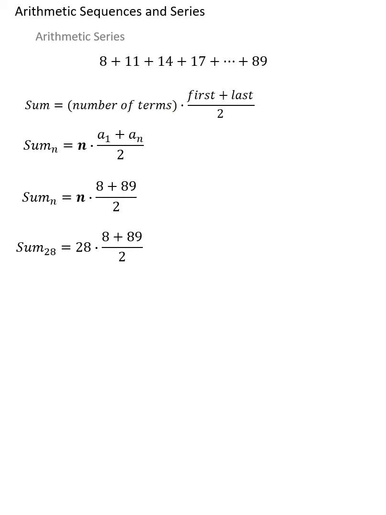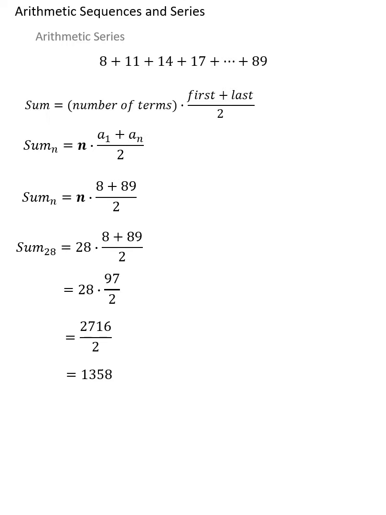At this point, the only thing left to do is the arithmetic. 8 plus 89, and then 28 times 97, and then dividing by 2 tells me that the sum of all these terms is 1,358. That's my final answer.